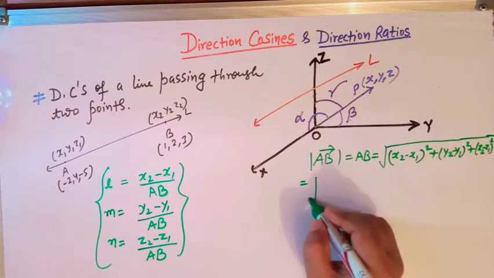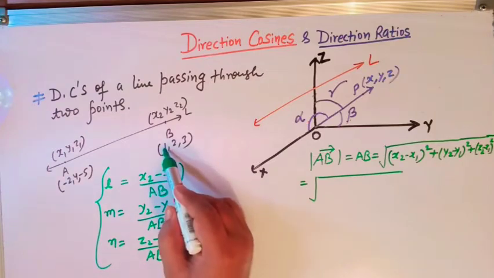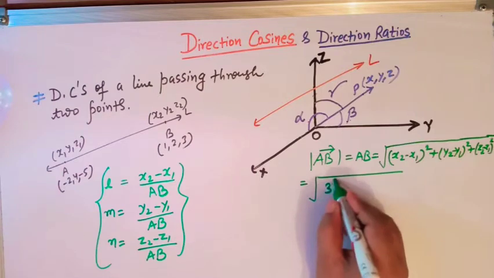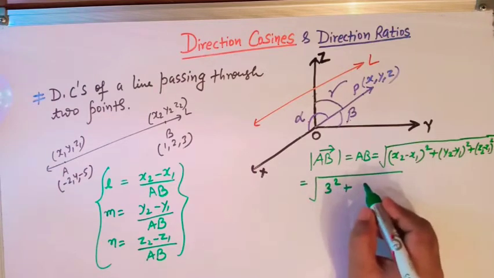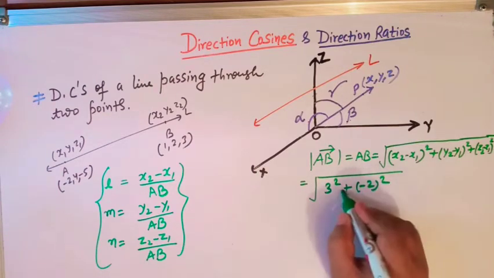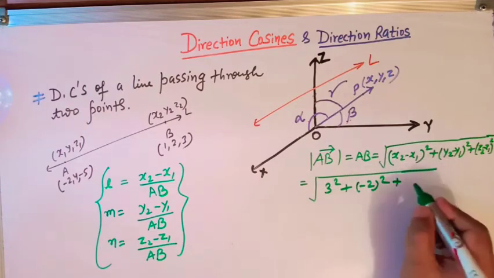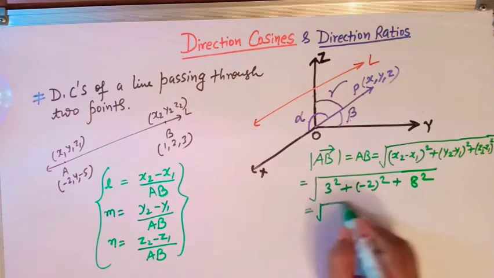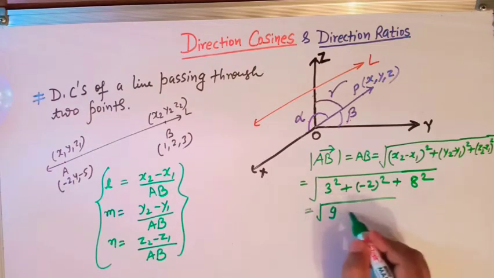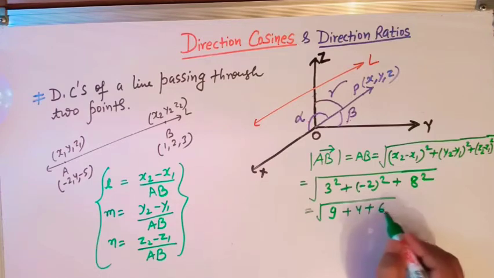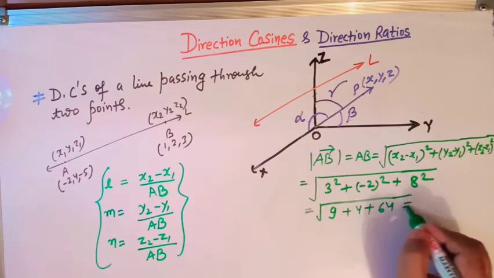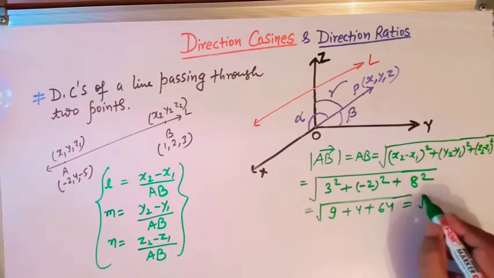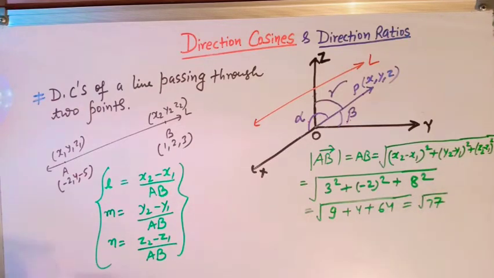So AB is x2 minus x1, that is 1 minus minus 2, so we have 3 square, then we have minus 2 square, and then we have 8 square, right? So this is 9 plus 4 plus 64, and this is equal to square root of 77, right?